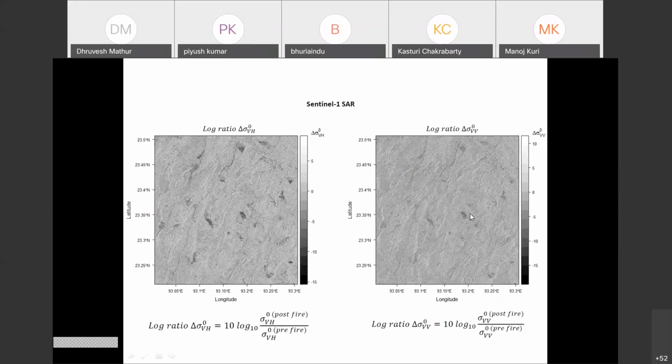Then we generated a ratio of the post-fire to the pre-fire image to get the maximum information. Here the cross-polarized data is used. The VV component is also used, but it is observed that the VH component gives us better discrimination and we get better delineation of these burnt patches.